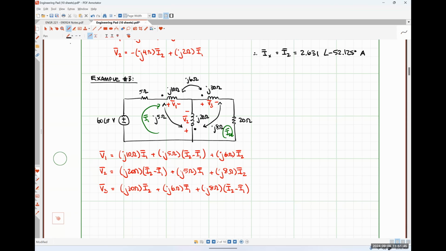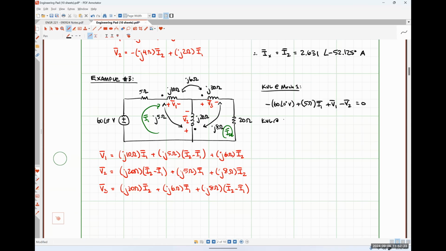And now we would be ready to just use simple mesh analysis for this circuit. So KVL at mesh 1 would look like negative 60 angle 0 degrees volts plus 5 ohms times I1, then plus V1 minus V2 is equal to 0.